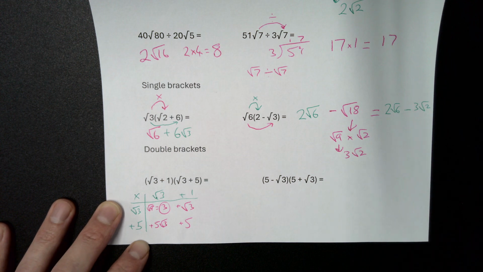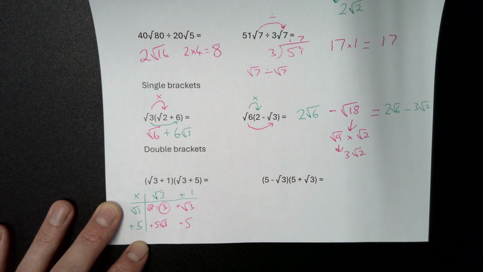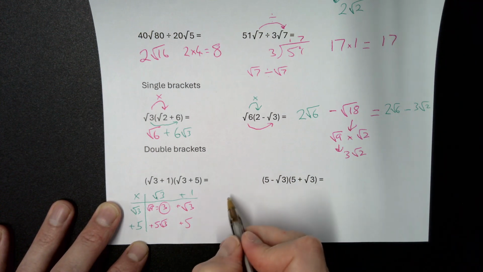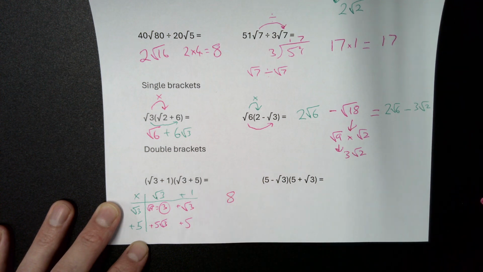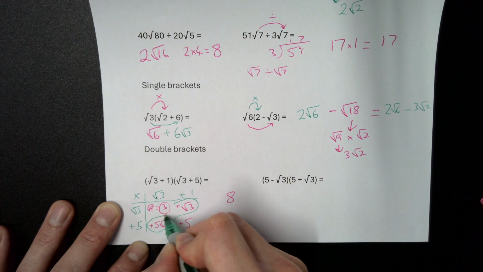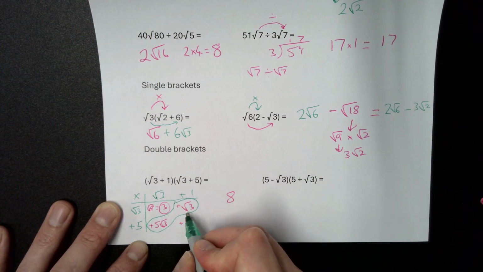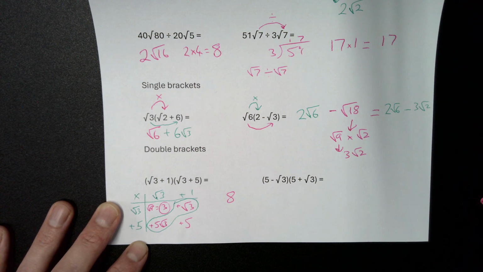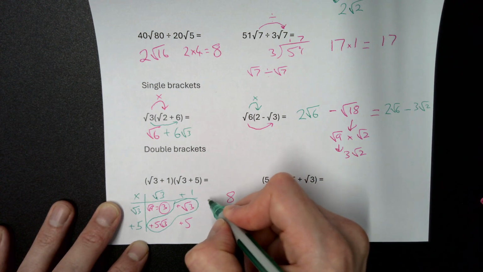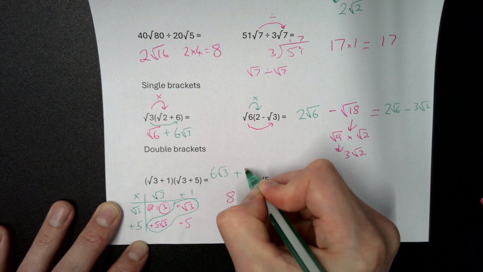You can see here, we can add the whole numbers, so we're going to do 5 plus 3 is your 8, and then we can also add the same surds together. So you've got 5 lots of root 3, add another lot, gives you 6 lots of root 3. So your answer is 6 root 3 plus 8.